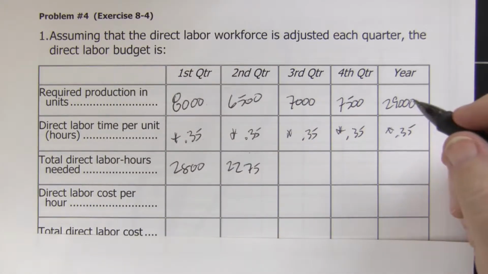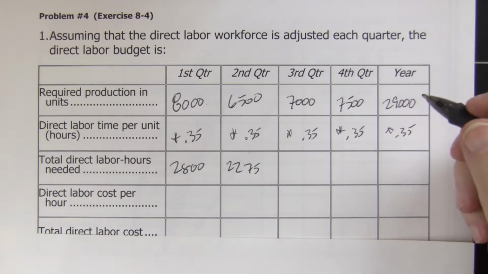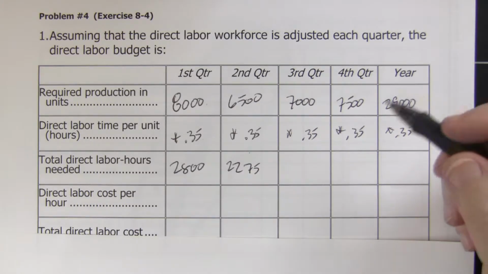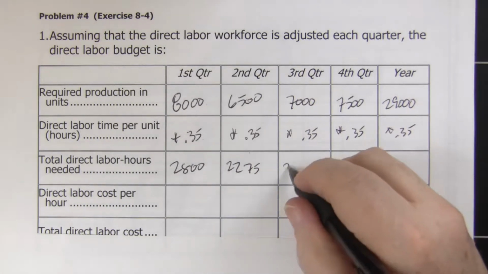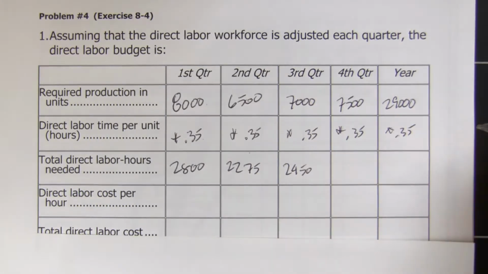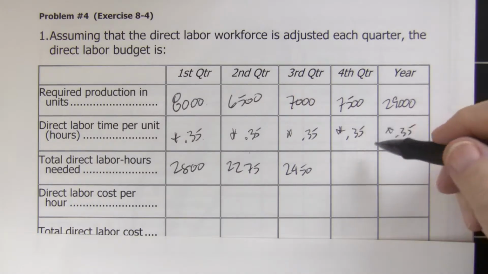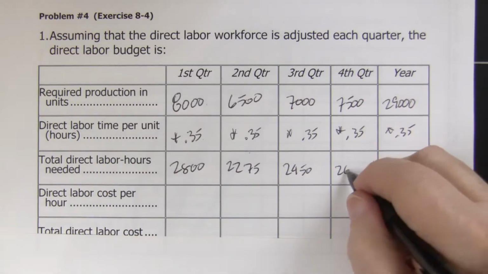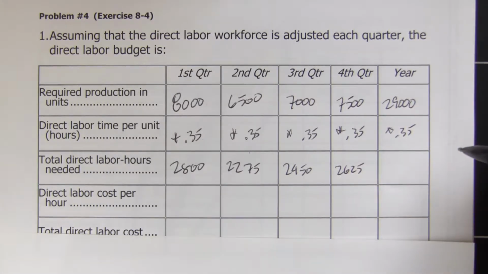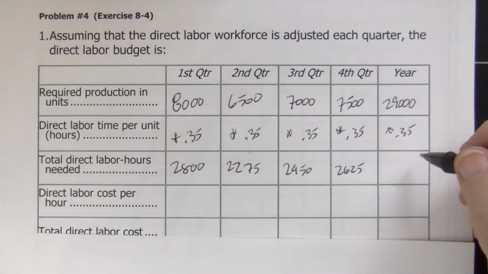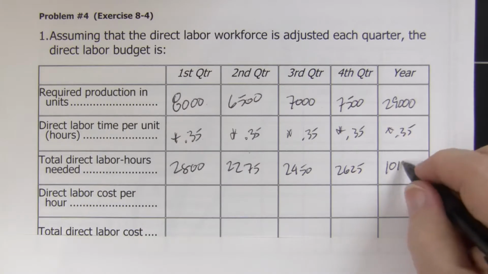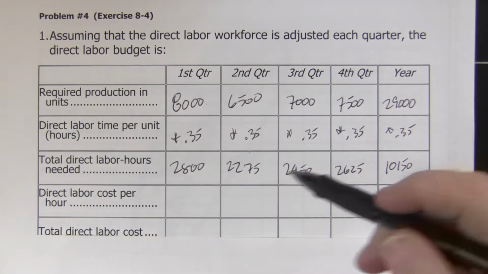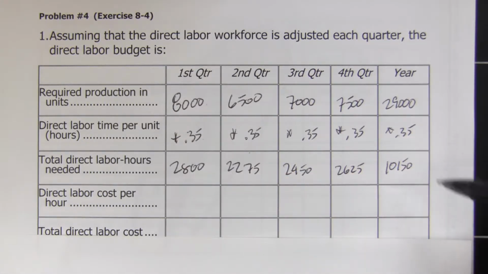I'm not doing this in my head. I worked it out with a calculator before I started recording. 0.35 times 7,000 is 2,450, and 0.35 times 7,500 is 2,625. 0.35 times 29,000 is 10,150, and if you add across, you'll come up with the same number.